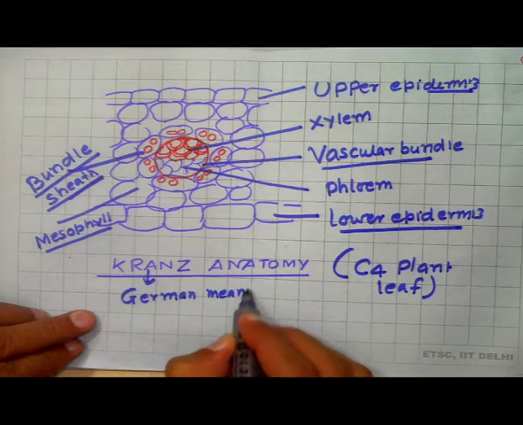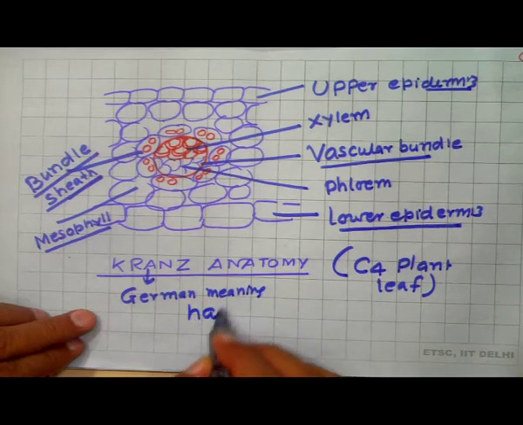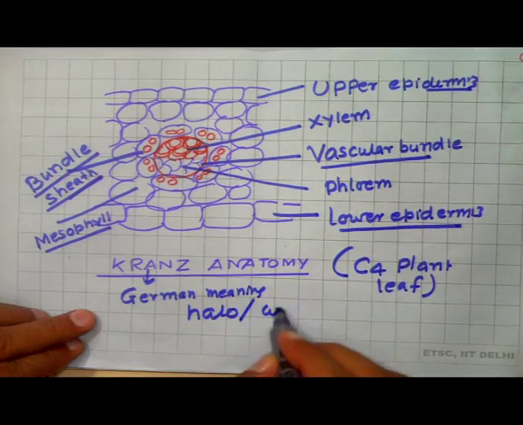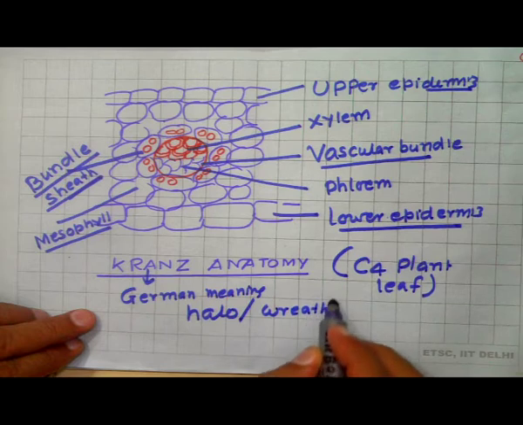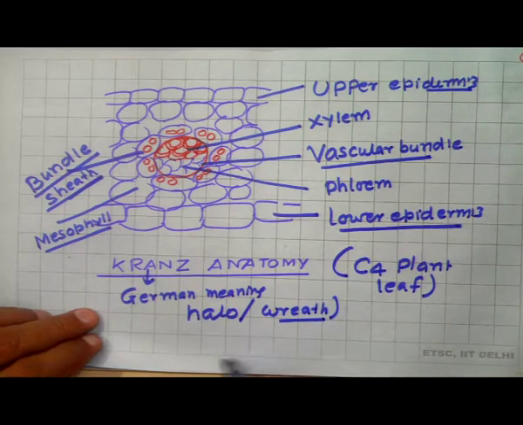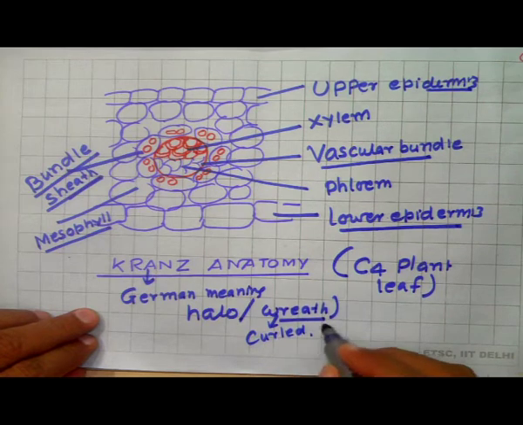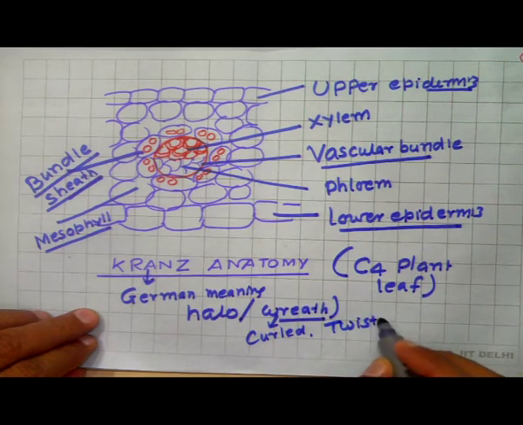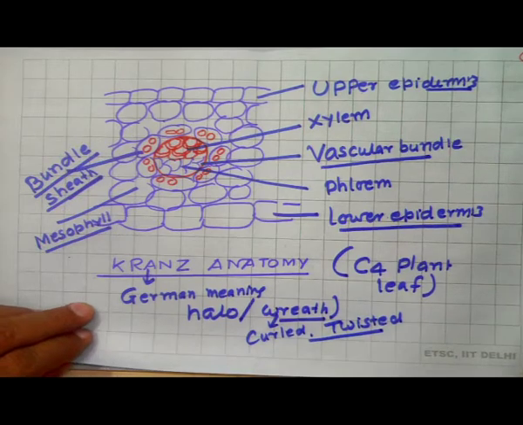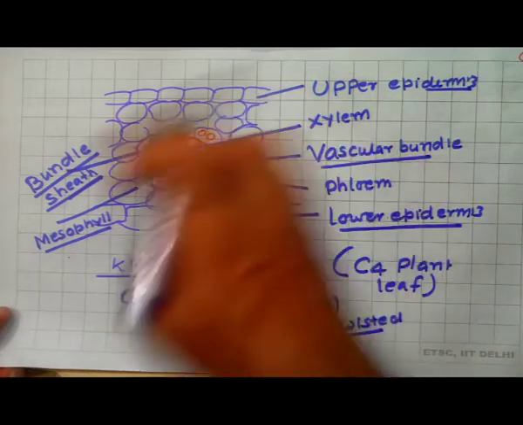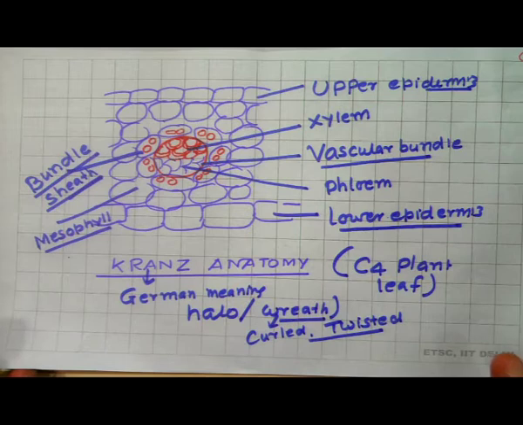German meaning, that is hollow or wreath, which means curled or twisted. Okay. So, this is the specialization type of leaf anatomy in C4 plant.